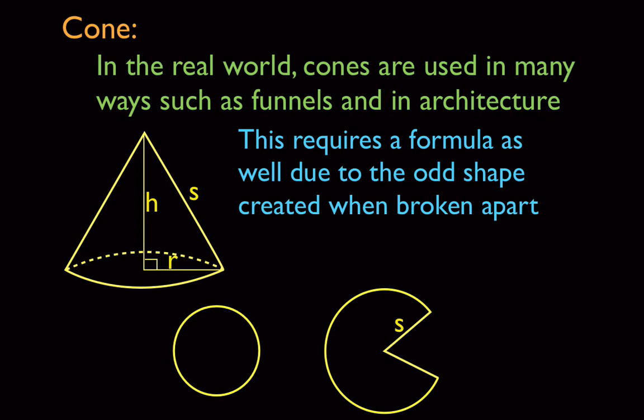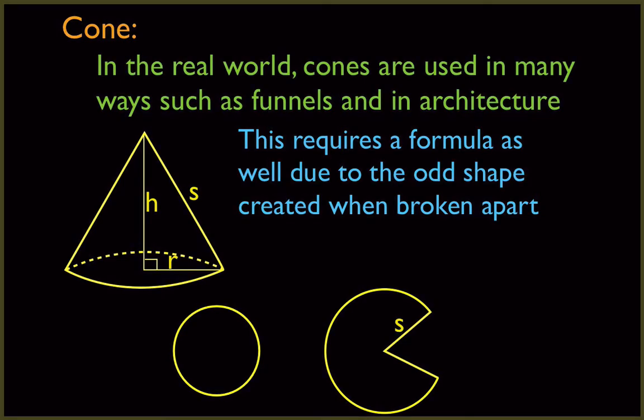Well, what it is, if you actually take the cone piece and sort of cut it and open it, you're going to notice it's not quite a whole circle, but it is in fact sort of like a piece of a circle. Now, without knowing that central angle, we really can't figure out that piece of the circle. Remember, the area of a circle sector was dividing that 360 by that angle.